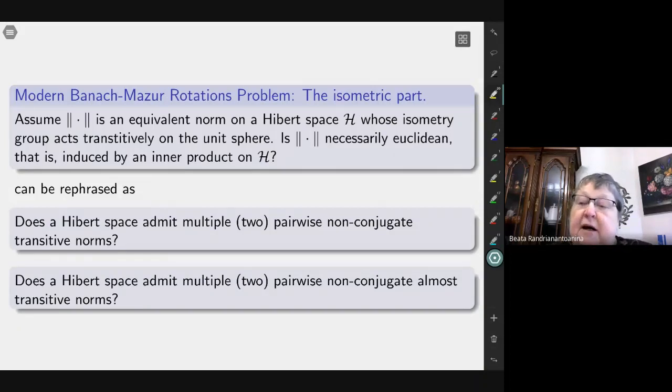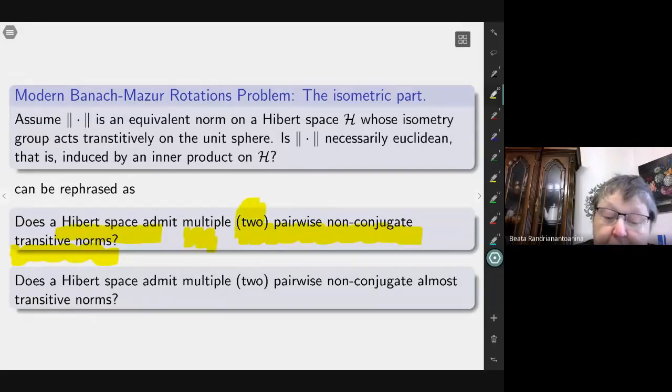This is the isometric part of the Banach-Mazur problem. The question is, if we have a Hilbert space, is it possible that it also has some pairwise non-conjugate transitive norms? Many? Just two. That's the question. Does it have two different ones?